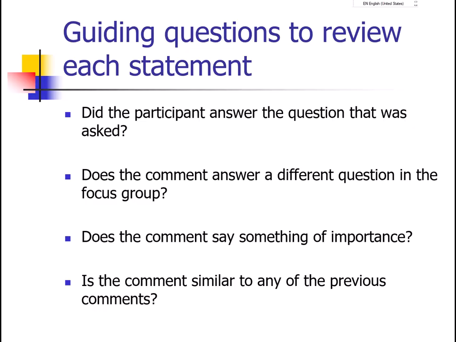Consider the relevance of the comment, and whether it appears in previous statements or is a new perspective. By asking these questions, researchers can ensure that each statement adds value to the analysis and that redundant or irrelevant comments are excluded from the final analysis.